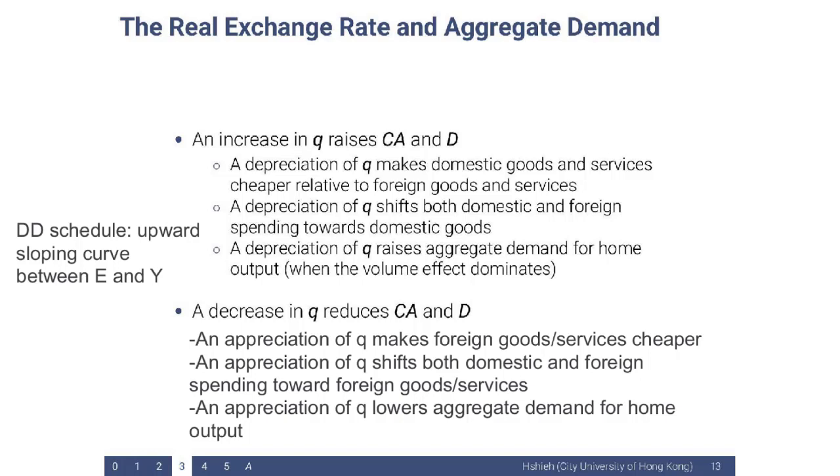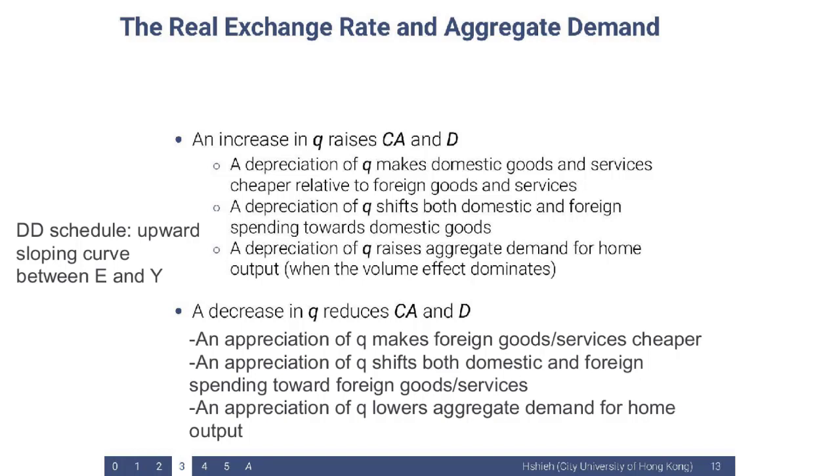Well, it means that domestically, there's a depreciation in real terms of the currency, and that makes domestic goods and services cheaper relative to foreign goods and services. Again, Q equals EP star over P. You increase Q, increase foreign prices. That's going to make domestic goods and services relatively cheaper. That means more people want to buy domestic goods in terms of exports and also locally as well.